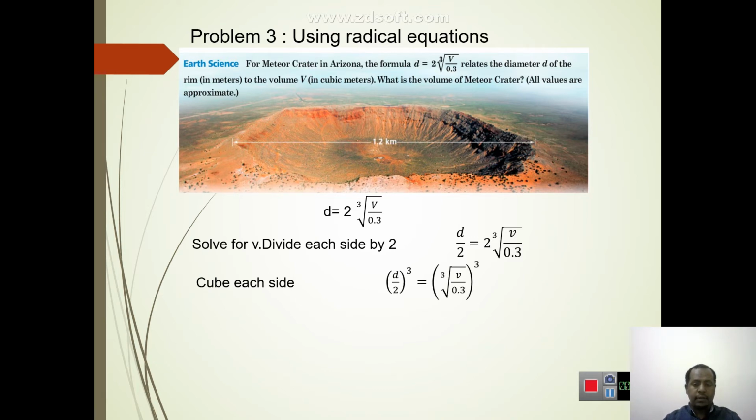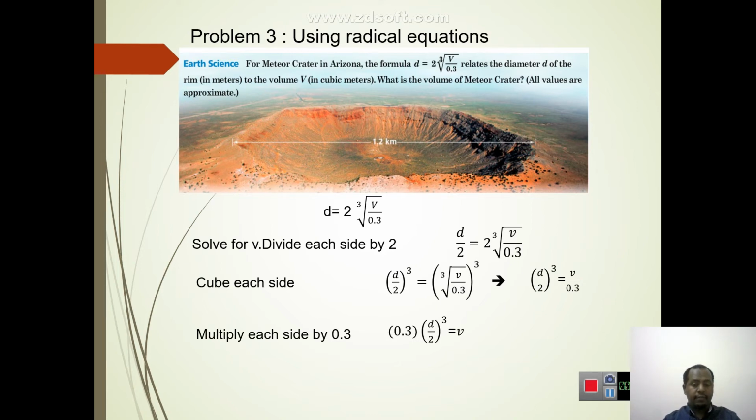Then you will get d over 2 to the power of 3 is equal to v over 0.3. Then it will be easy for us to solve for v after this. So to get v, what you need to do is just multiply each side by 0.3. So you'll get 0.3 times d over 2 to the power of 3 is equal to v.